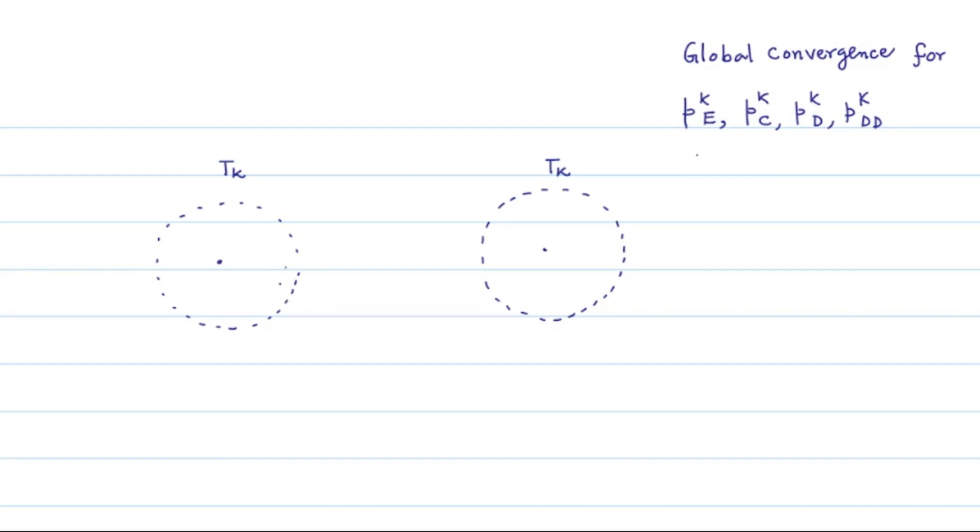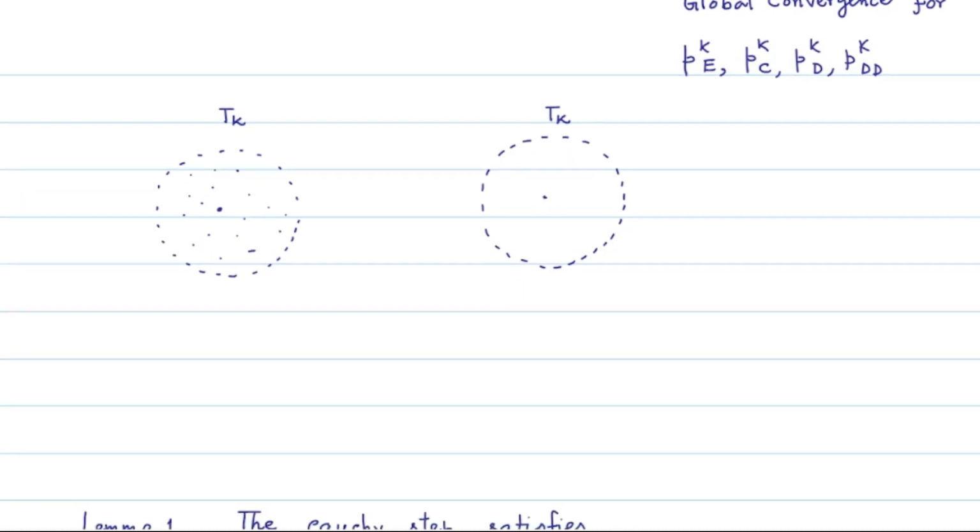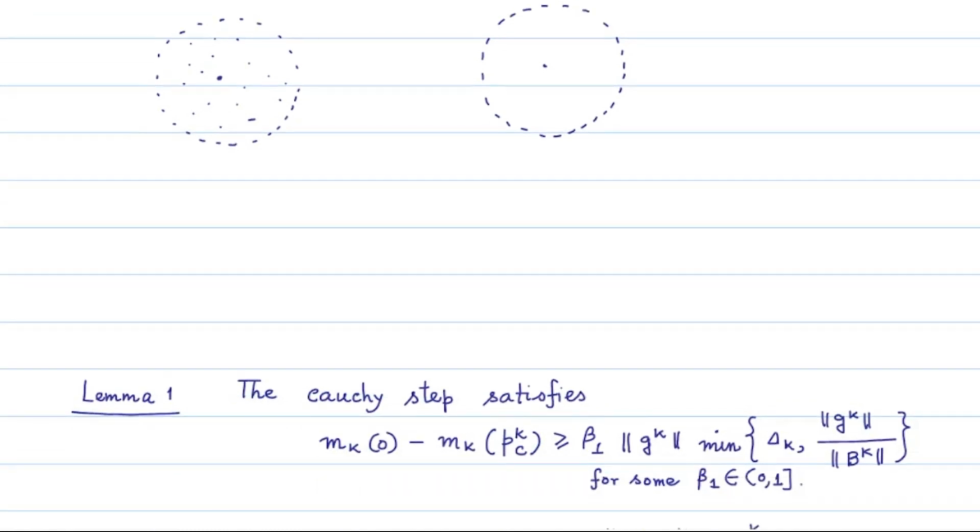In fact, at the end of the proof, we shall see that if we employ any of the points inside the Trust-Region at which the sufficient reduction condition holds, then the global convergence result will follow.